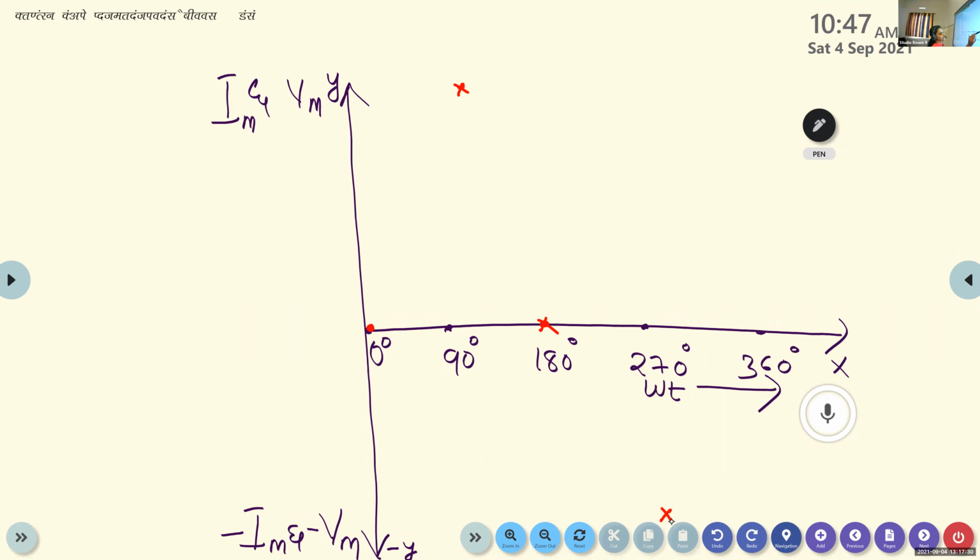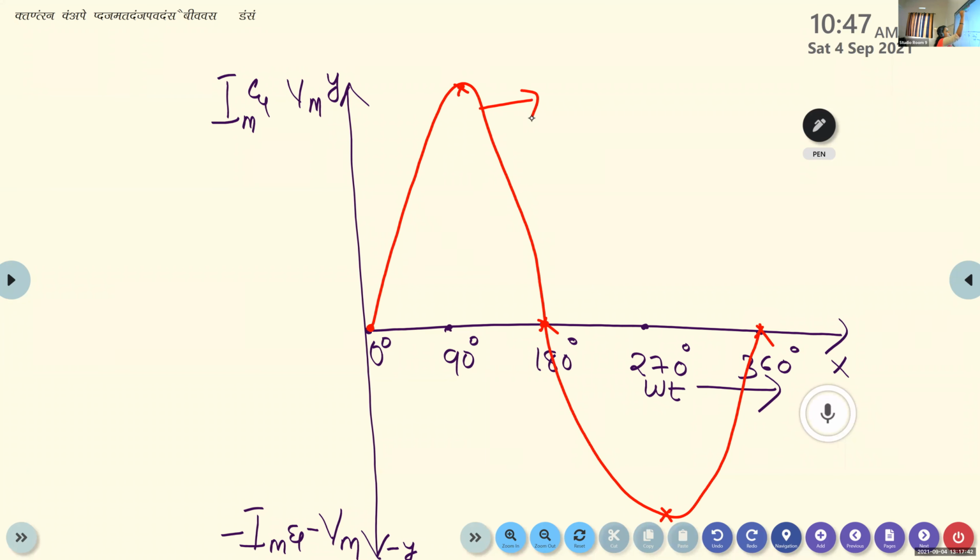And 360 it is 0. While joining all the points, we get a graph like this. The solid line represents EMF.